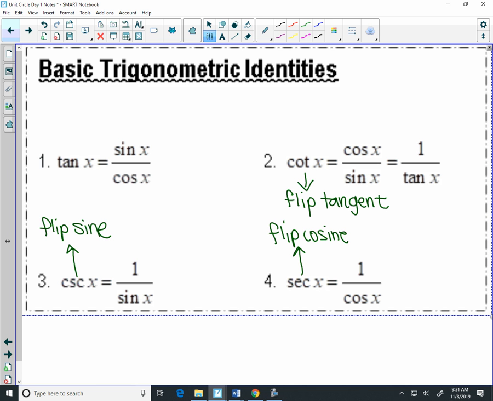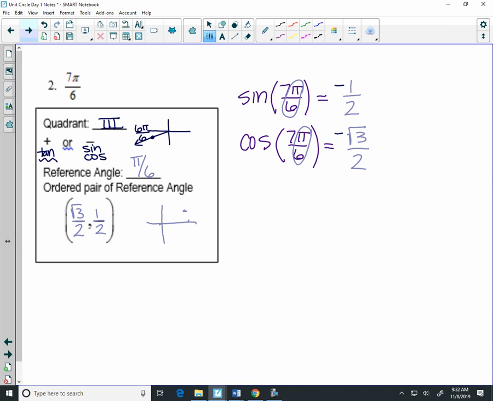This guy's negative. The negatives and positives stay the same. You bring the radical, it's radical 3 over 3. This was radical 3 over 1, so now this is 1 over radical 3.